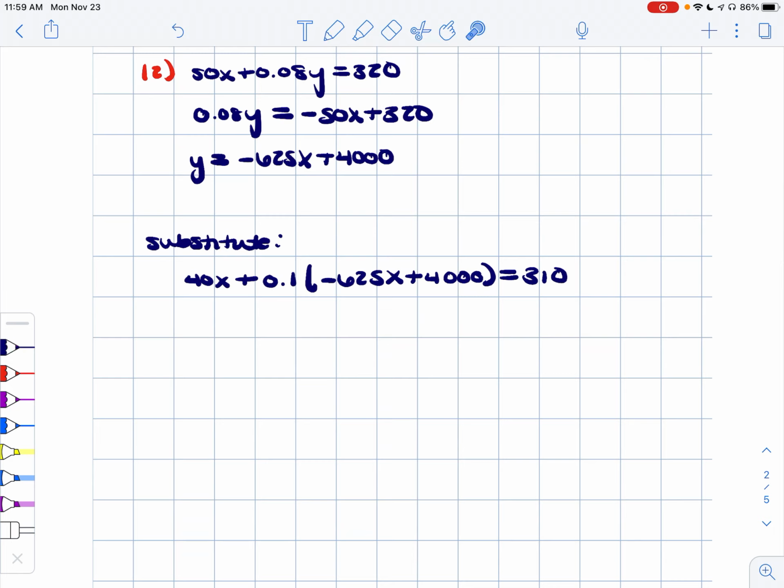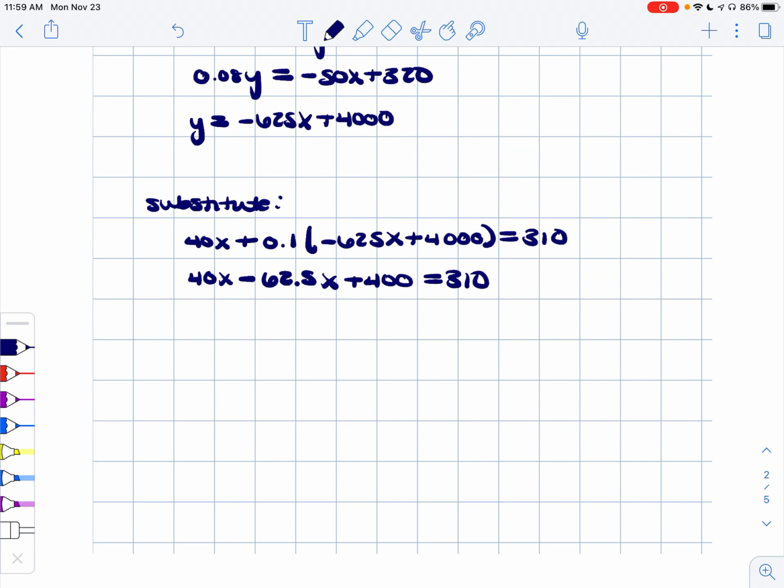So I'm going to distribute my 0.1 in. So the 0.1 times the negative 625 is going to give us negative 62.5x, and then plus 400 is equal to 310.